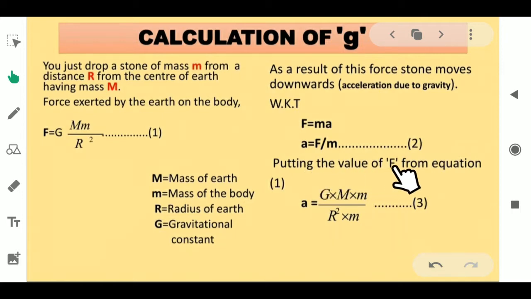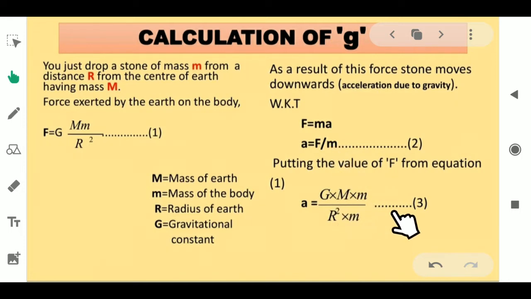Then putting the value of F from equation 1 into equation 2, acceleration a is equal to GMm by r square into m, where m is in the denominator: r square into m.